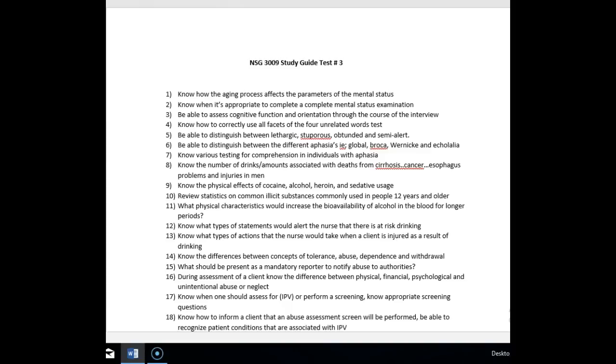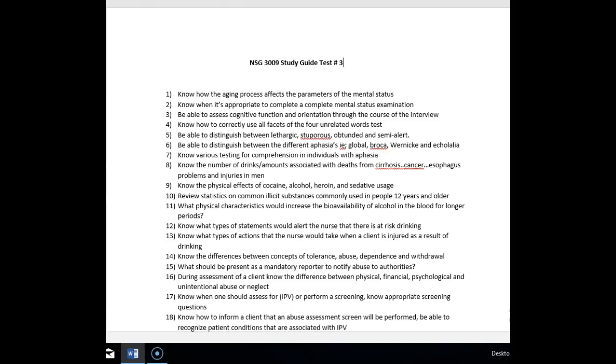Now, the number of drinks associated with deaths from cirrhosis and cancer, esophagus problems, and injuries in men.